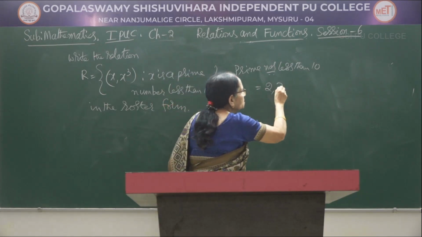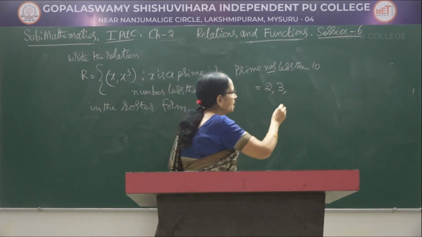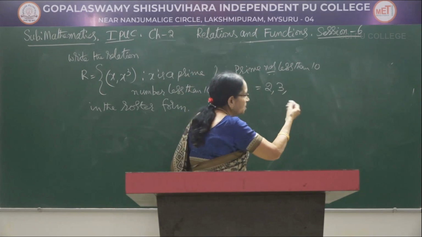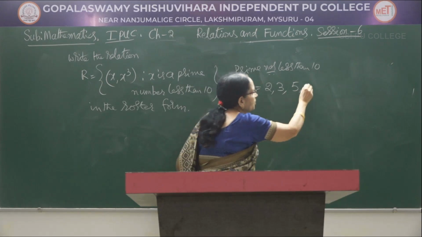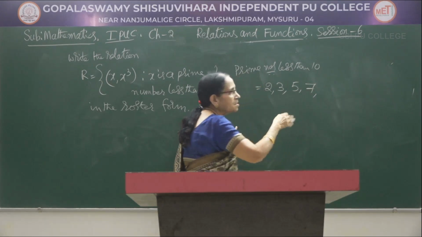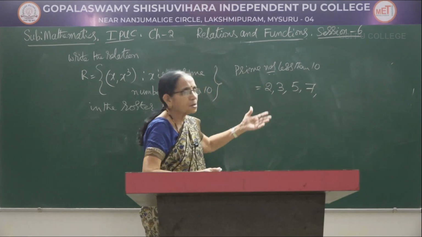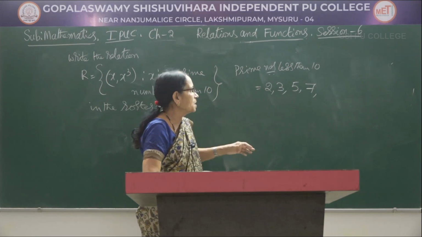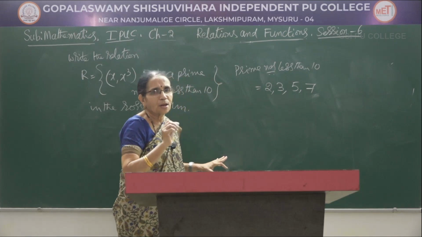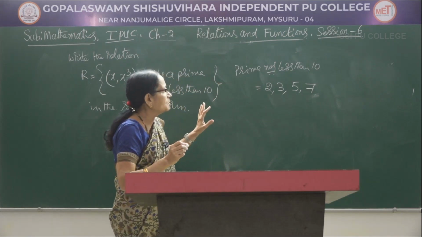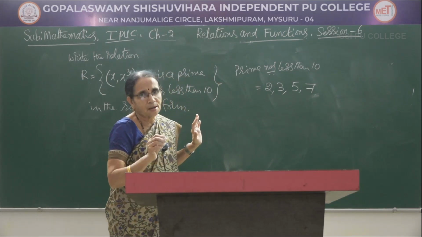Then the second number is 3, and 4 is not a prime number, it is a composite number. Then 5 and 7, then 8, 9, 10. 8 and 9 are not prime numbers. So, we have got only 4 numbers here: 2, 3, 5, 7. These are the prime numbers whose values are less than 10.